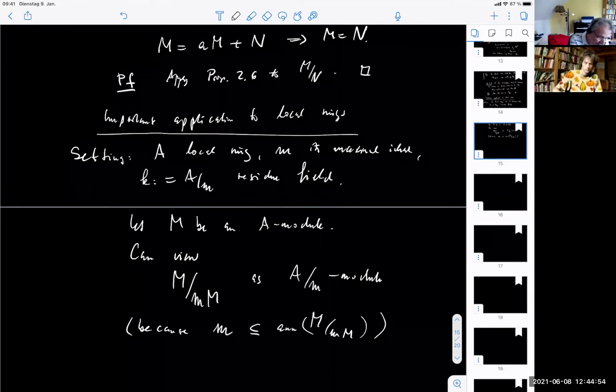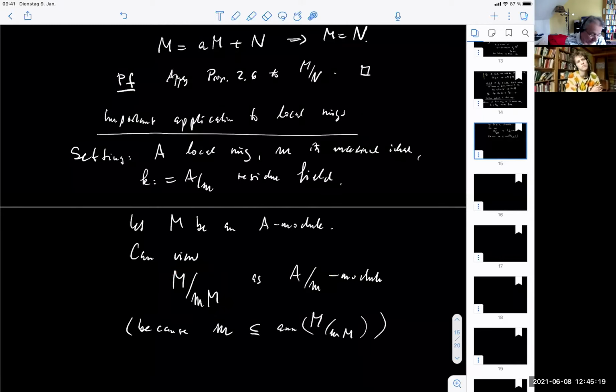The point is just this. How would you define the multiplication here? You take an element here, you pick a representative, an element of A, and then you have the multiplication here. And this is well defined because if you pick an element in the maximal ideal and see what it's doing here, it's just the zero map.